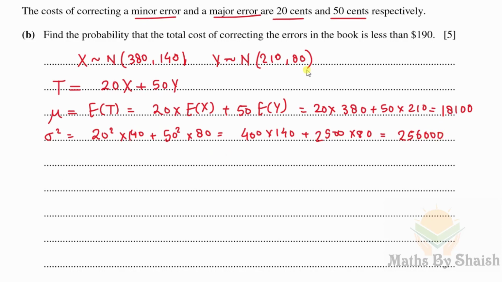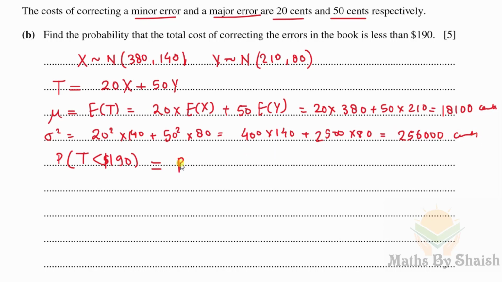Now the probability we need is T less than 190. Oh sorry, it is dollars, and continuity correction is not required. Again, it is dollars while this value is in cents, so we need to make them equal.